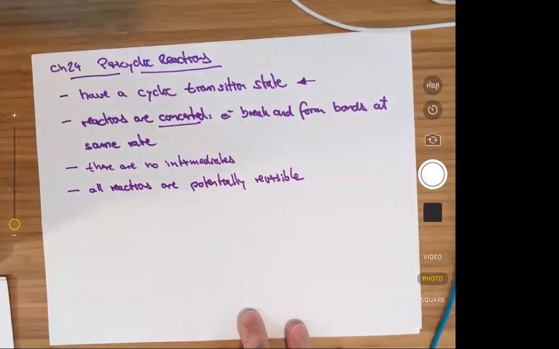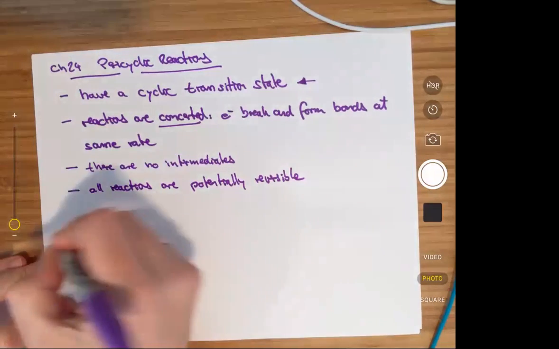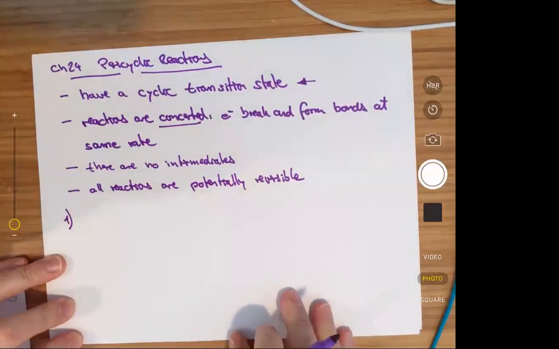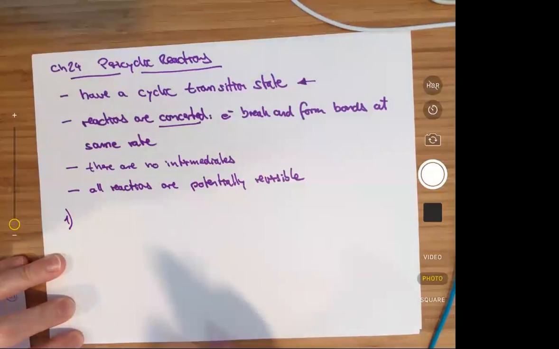But what I want to start today is to introduce the four categories of pericyclic reactions. You can think about these as subcategories of the bigger picture of pericyclic reactions. We just want to categorize them into four groups. The first one here is cycloaddition reactions.